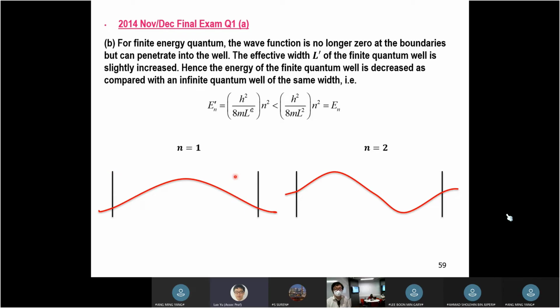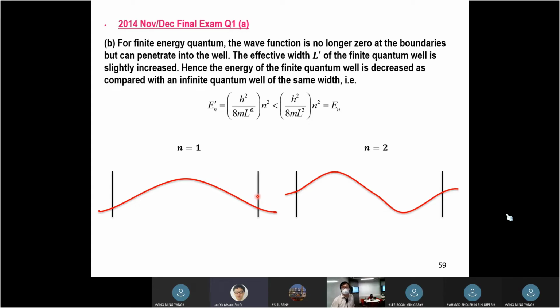So for the finite quantum well, the wave function's zero points are now effectively outside the wall, which means the zero point is located outside the real boundary. So it looks like the quantum well becomes a little bit wider.